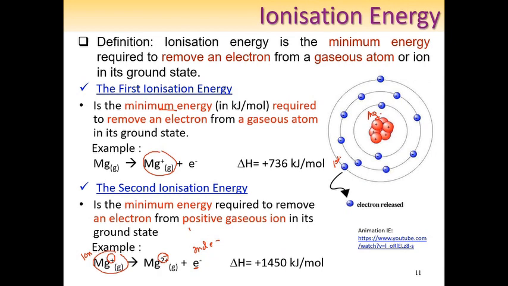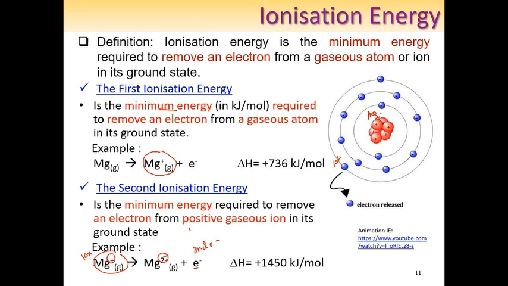Why? Because you have already learned about this in the periodic table. When the first electron is removed from the atom, the ion still has the same number of protons.